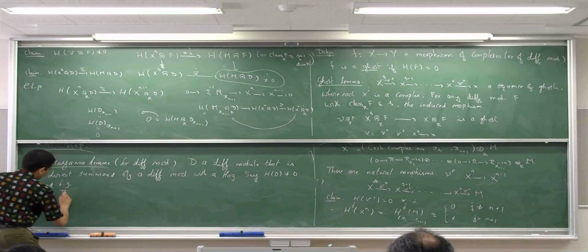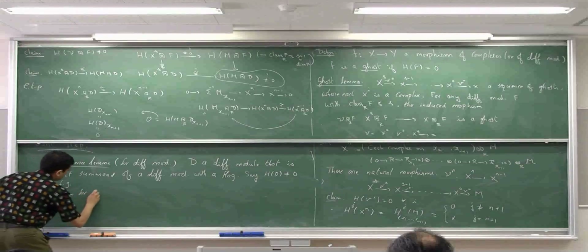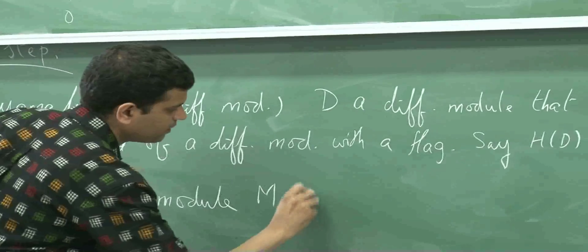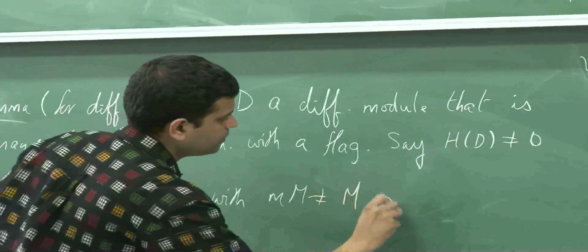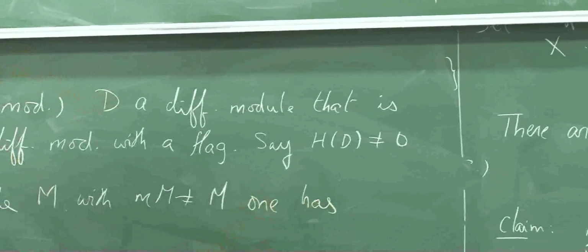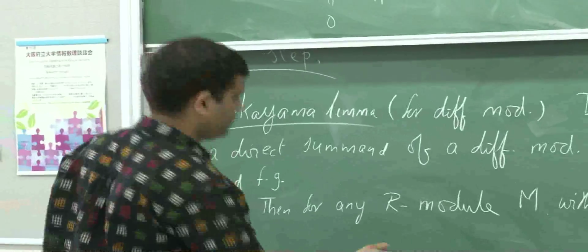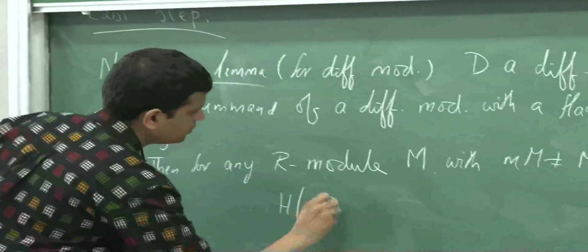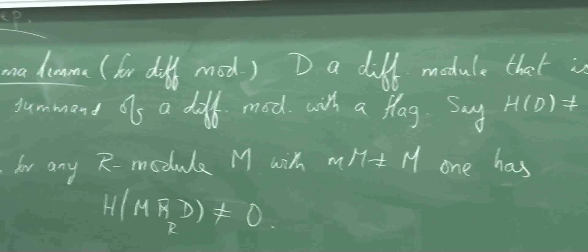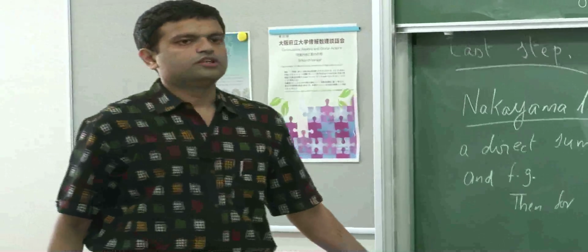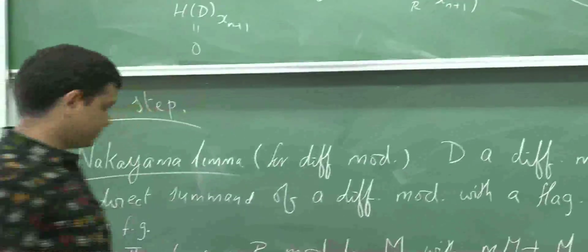Then for N not equal to M, something that's non-divisible, the homology is non-zero. Exactly what you want here, exactly the hypothesis of this.